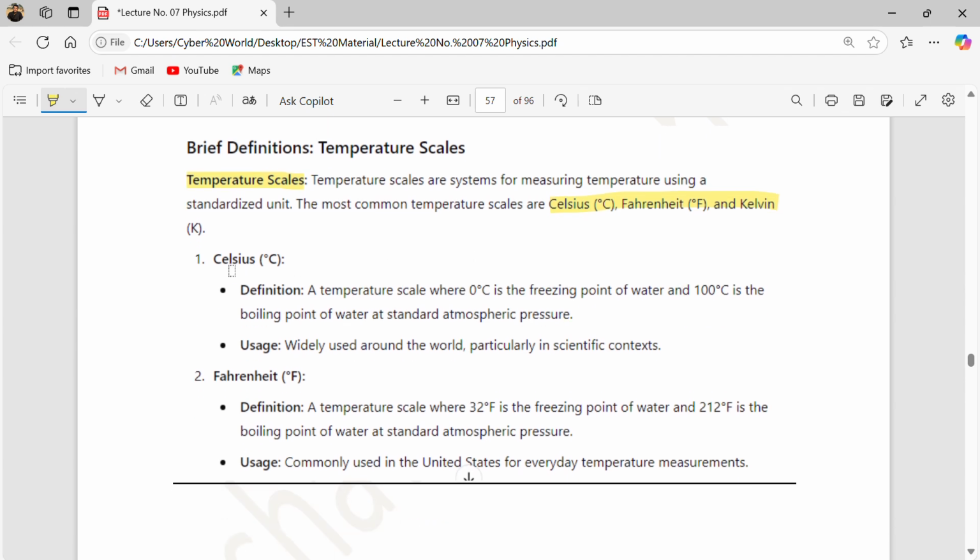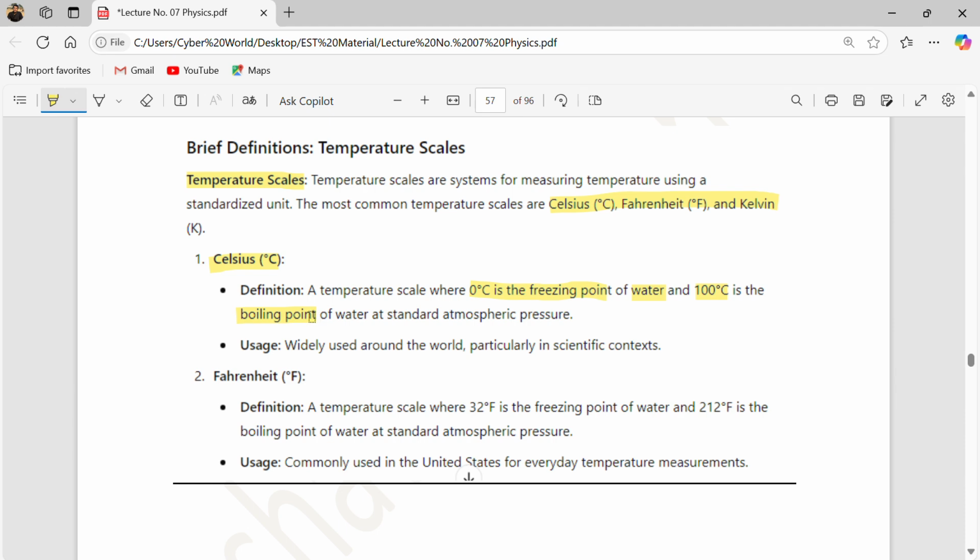First of all, you should know what Celsius is. Celsius is a temperature scale where 0 degrees Celsius is the freezing point of water and 100 degrees Celsius is the boiling point of water at standard atmospheric pressure, which is normally 1 atm pressure.